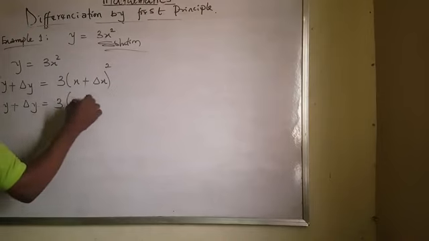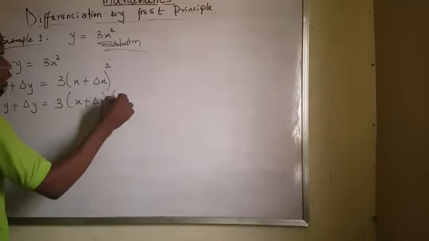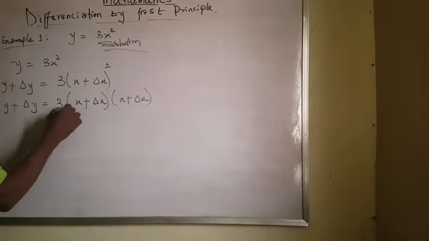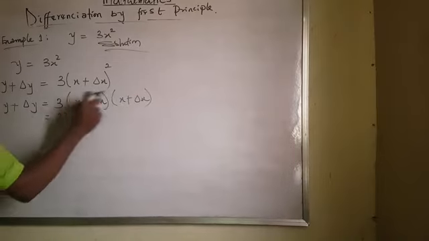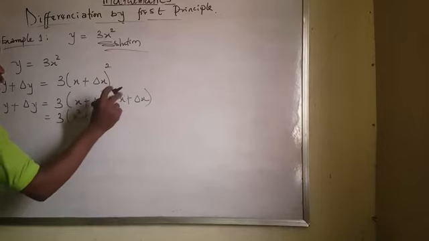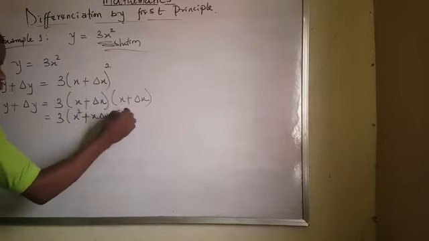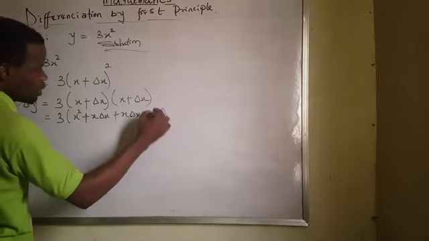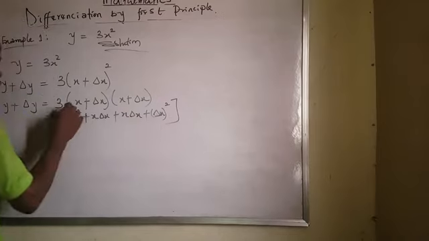You can expand this, x plus change in x, all squared. And that becomes 3 open bracket x squared. Then plus x change in x, this times this, we have the same x change in x. Then plus this times this, that becomes change in x, all squared.